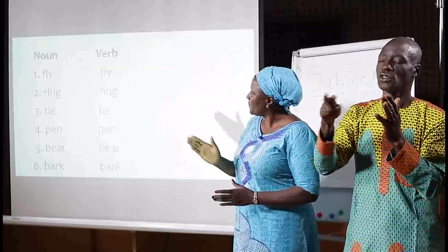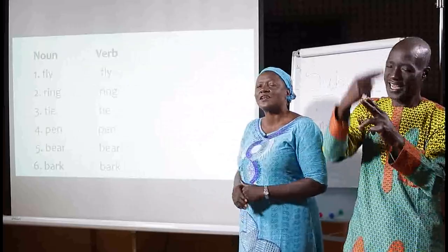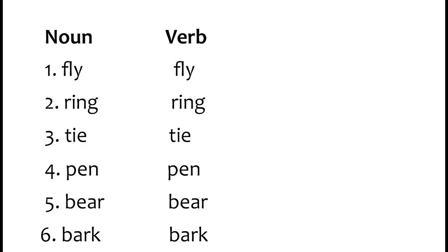We have them in two categories here: homonyms that are nouns and homonyms that are verbs. 1, fly and fly. 2, ring and ring. 3, tie and tie. 4, pen and pen. 5, bear and bear. 6, back and back.